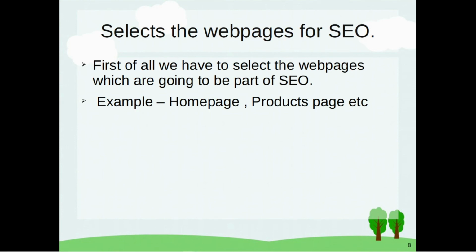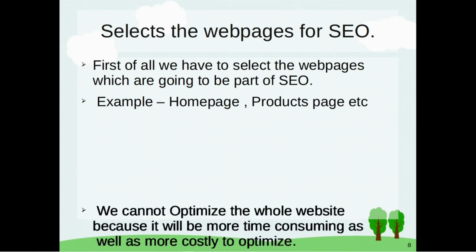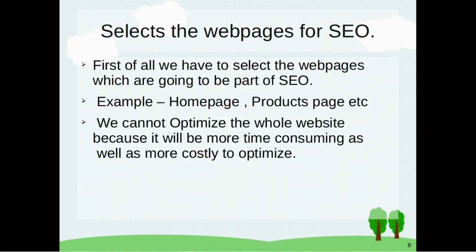Or the products page will be very effective, because it will directly redirect to our products page, in which we will have all our products in one place. We also cannot optimize the whole website because it will be more time consuming as well as more costly, as I said before.